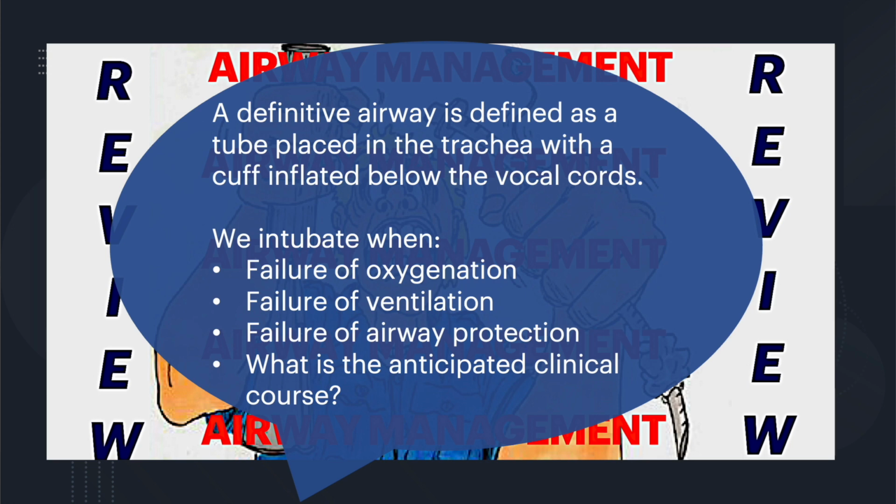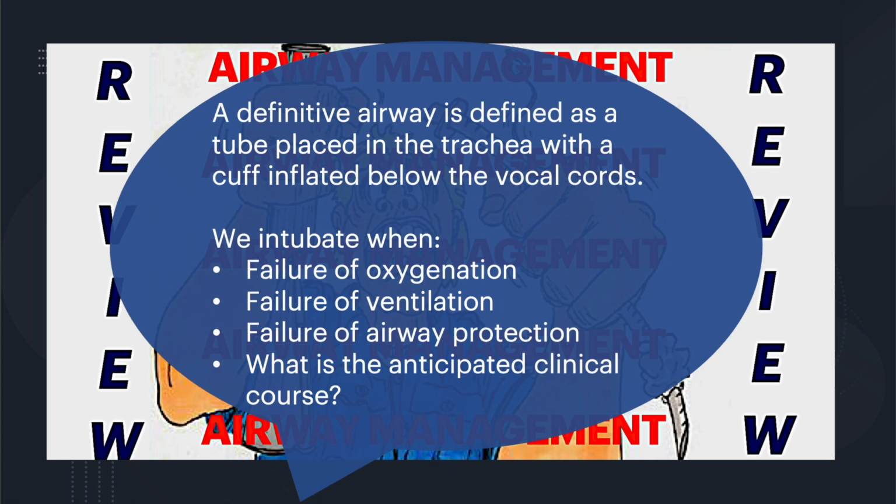Patients that may fail to protect their own airway and may fail to maintain a patent airway would be those that are unconscious from possible overdoses, a closed head injury, alcohol toxicity, any acute changes in mental status.